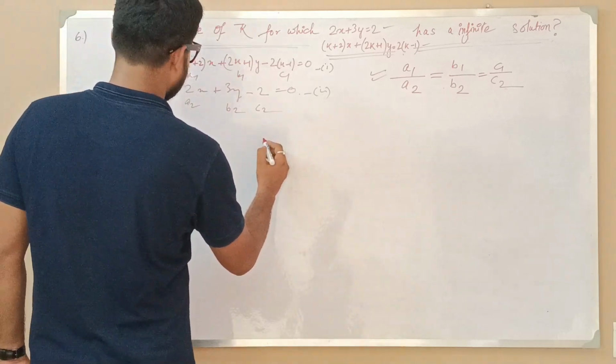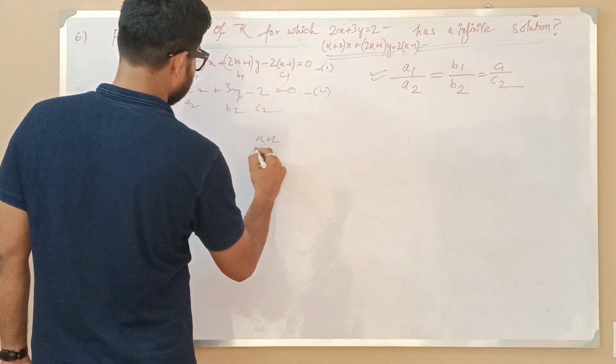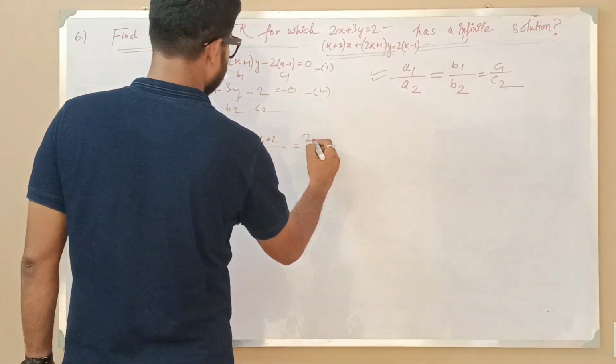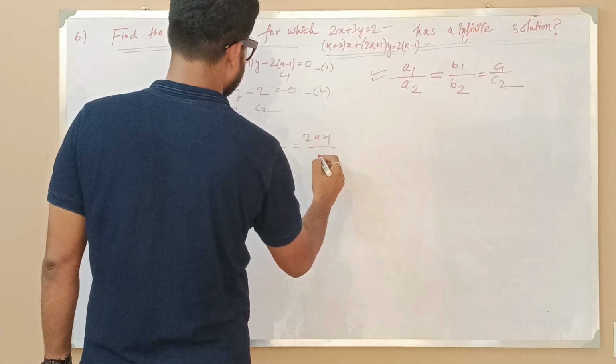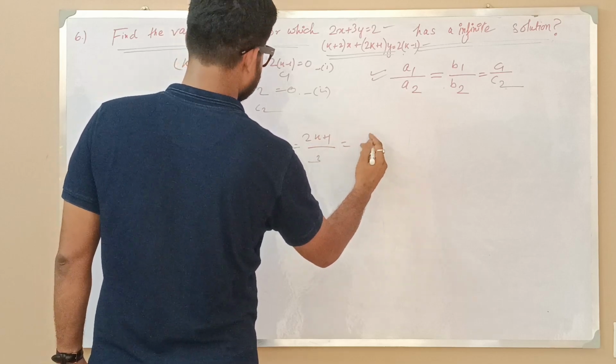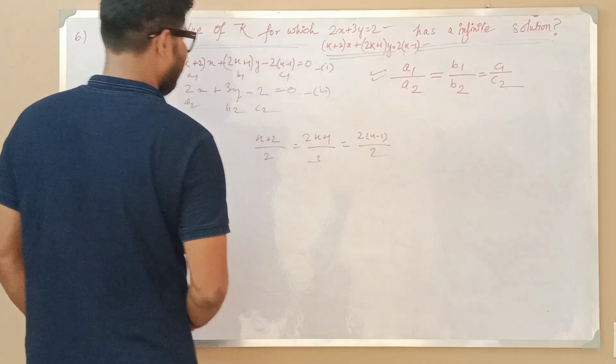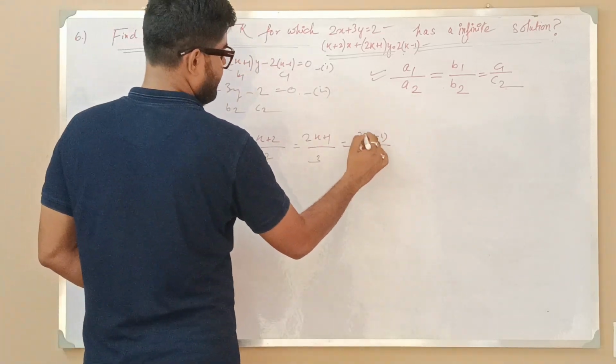Now k plus 2 by 2 equals to 2k plus 1 by 3 equals to 2k minus 1 by 2. Now this 2 and 2 will get cancelled.